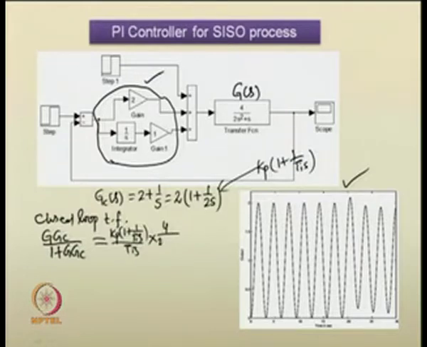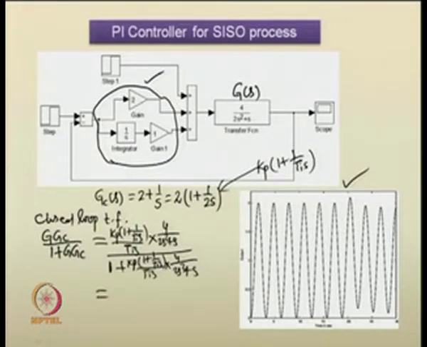Then the closed loop transfer function is Kp times 1 plus 1 upon TIS times 4 by 2 s square plus s, divided by 1 plus Kp times 1 plus 1 upon TIS times 4 upon 2 s square plus s.